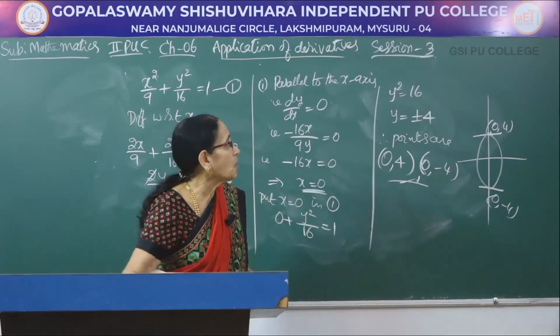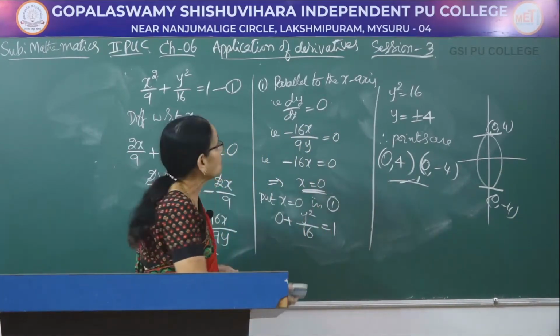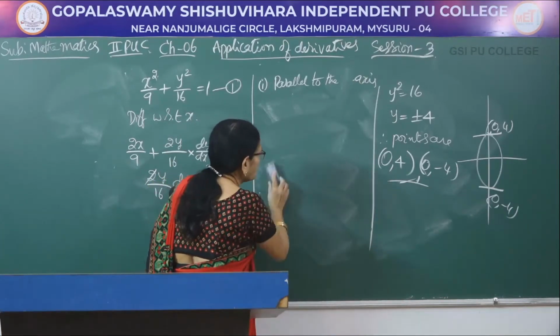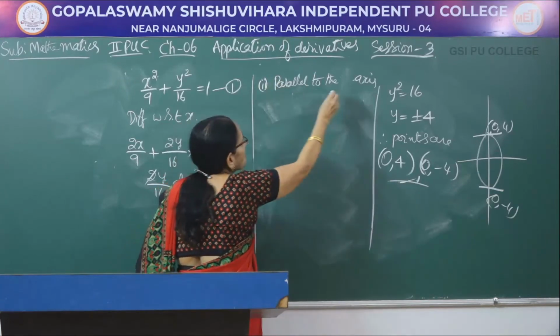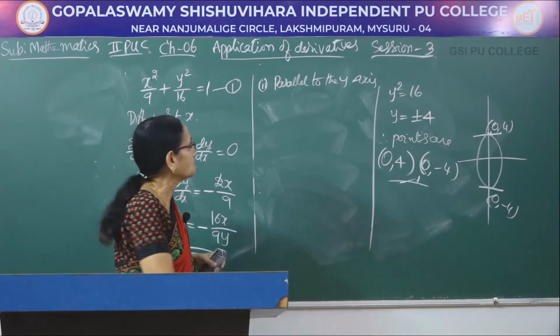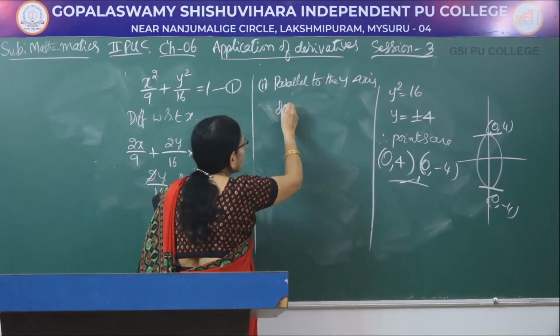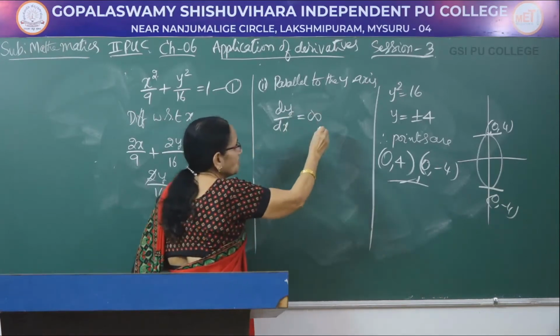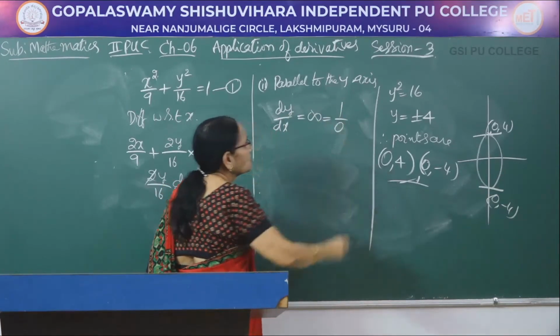Now, let me move on to the next condition. What is the next condition? The second condition is given as parallel to the y axis. Parallel to the y axis, how do you write that? dy by dx, I told you, you can write it as infinity. Infinity means any number divided by 0.